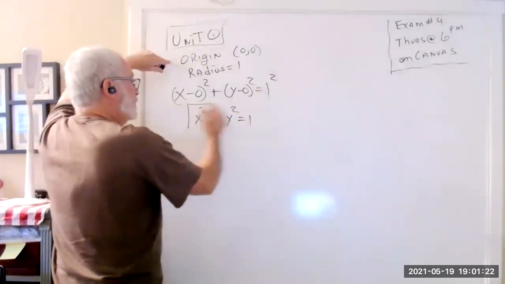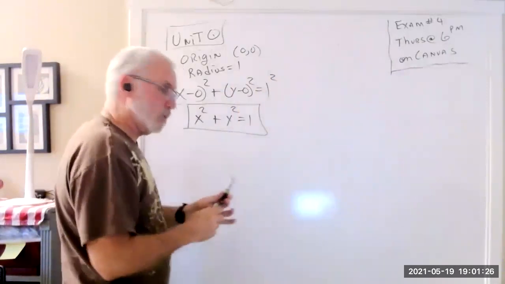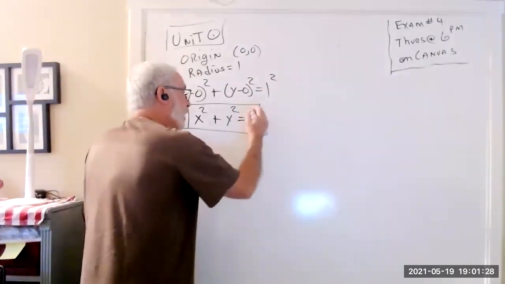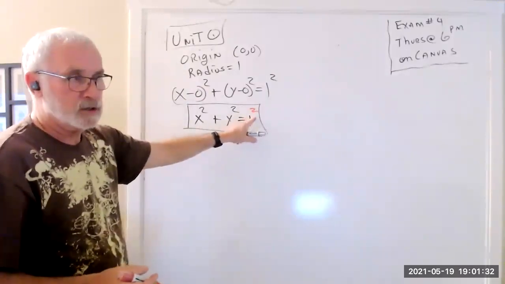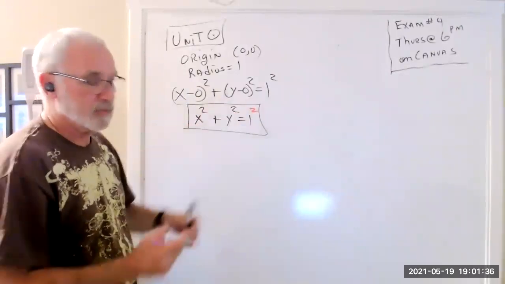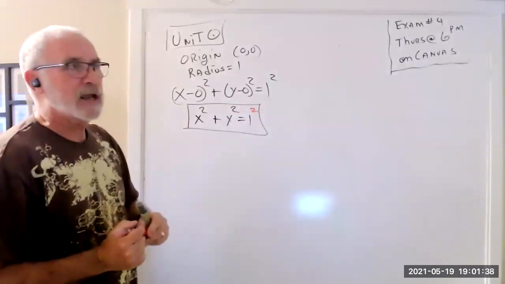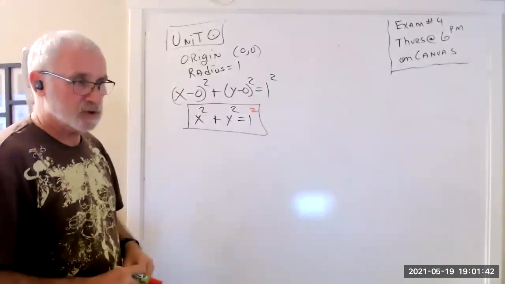This is what everybody will call the unit circle. Now, they sometimes leave the power off of the 1, because 1 squared and 1 are the same thing. Who's they? Anybody teaching trigonometry.